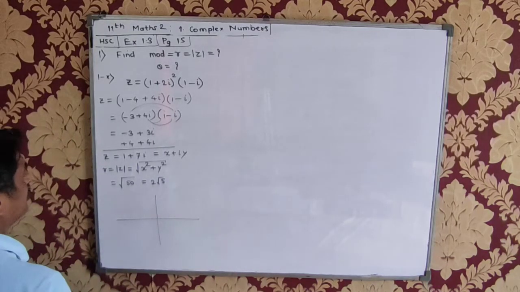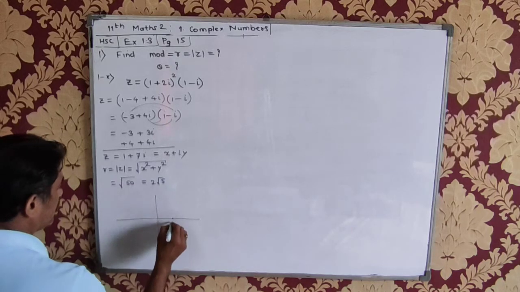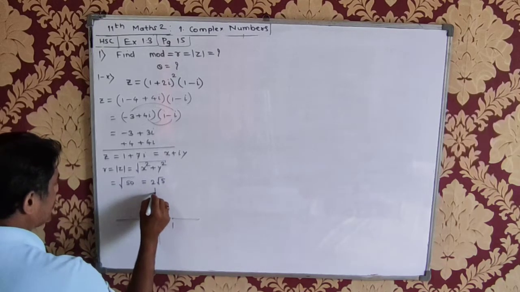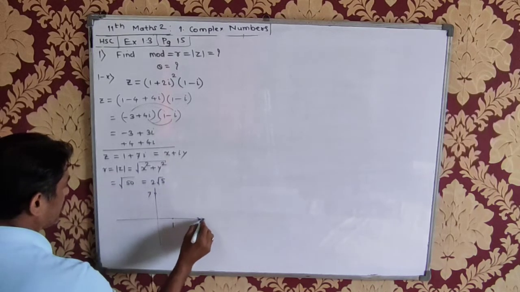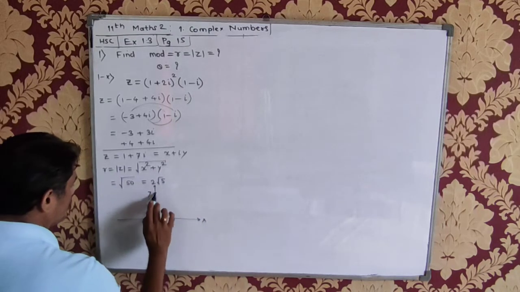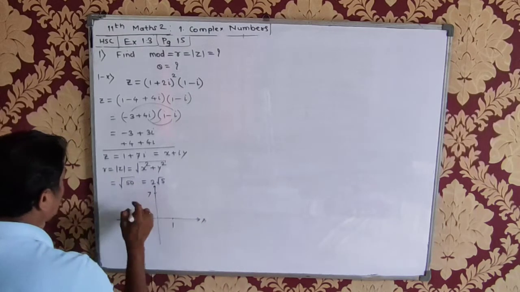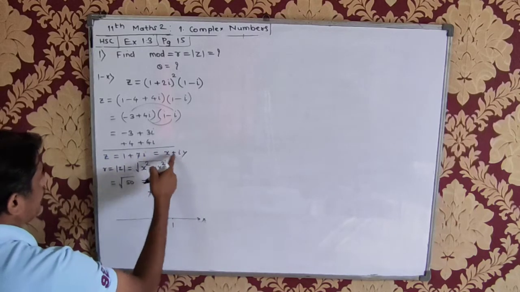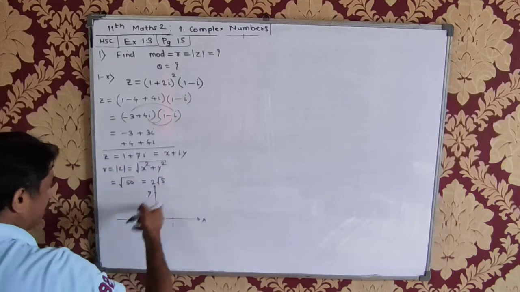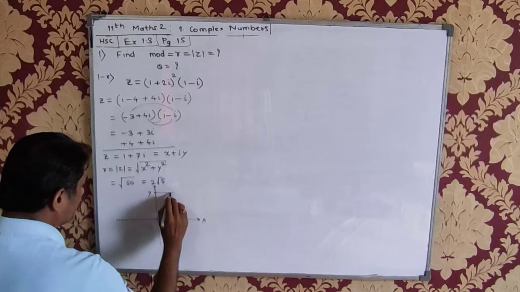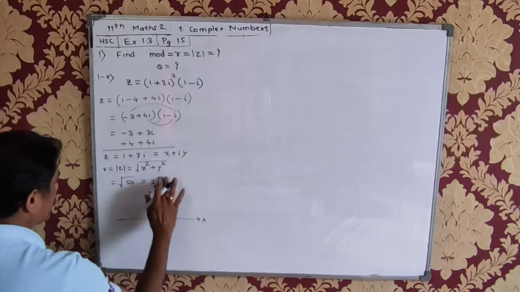It's in the first quadrant. 1 and 7i. X and y axis. No, x is 1 and y is 7. And modulus means the diagonal. Root 50 will be 5 root 2.